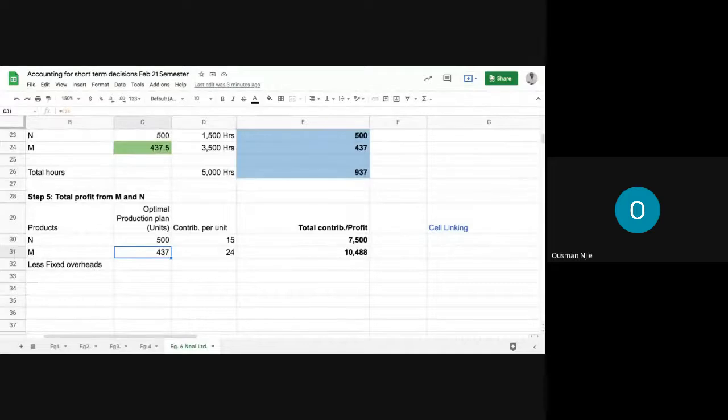Because the fixed cost is the cost which is fixed. Now, Osman, I think you are making a mistake. It's with 437 because we actually end up producing 437. So we cannot multiply more than what we did not produce.